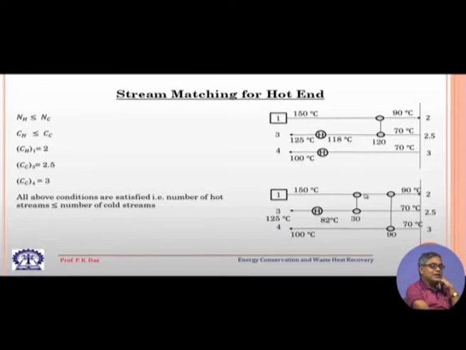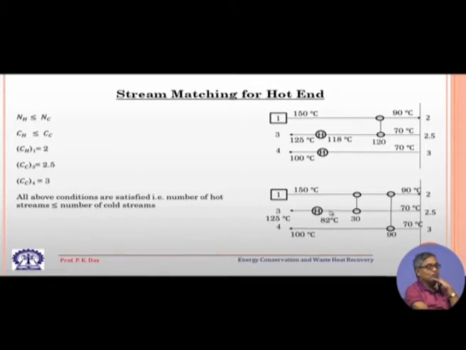Then we can think of another heat exchanger between 1 and 3, the amount of heat exchange is 30. So, by this we have satisfied the top stream, that means the hot stream, we can tick off it. We have satisfied the requirement of stream number 4, this is the cold stream, we can tick off this, but stream number 3 needs further heating.